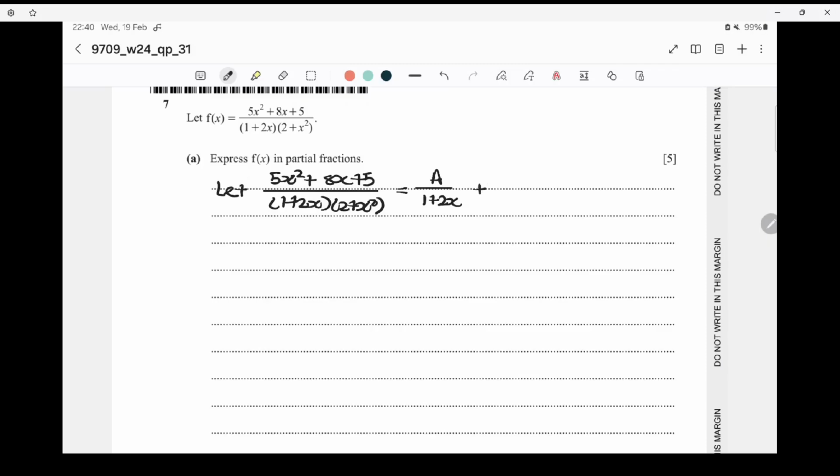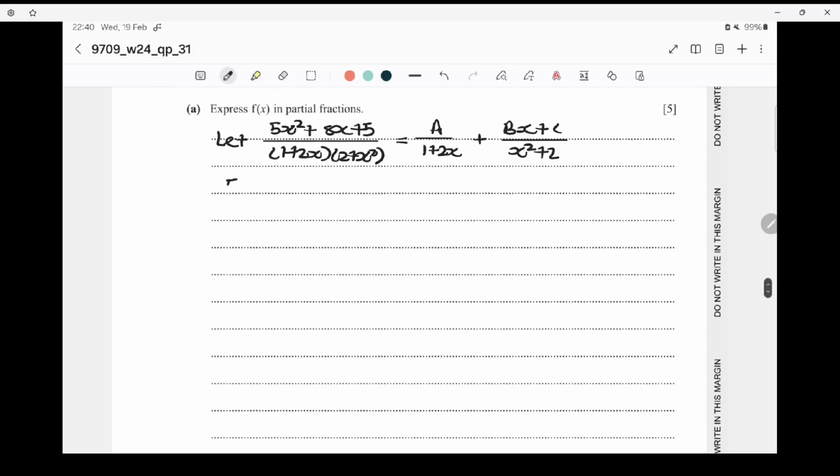Second term, because you cannot factorize x squared plus 2, you have to include bx plus c over x squared plus 2. So then 5x squared plus 8x plus 5 equals A(x squared plus 2) plus (bx plus c) multiplied with (1 plus 2x).